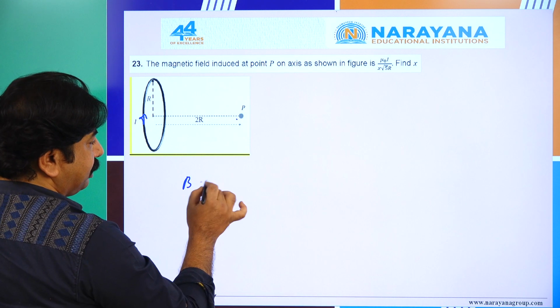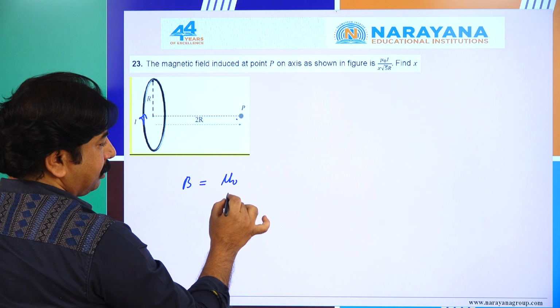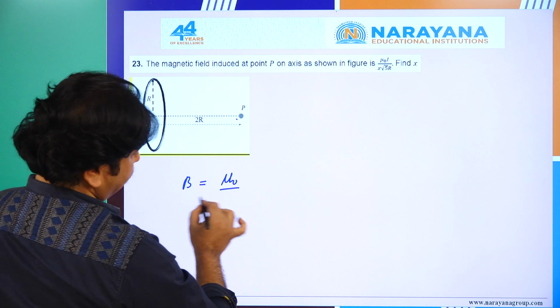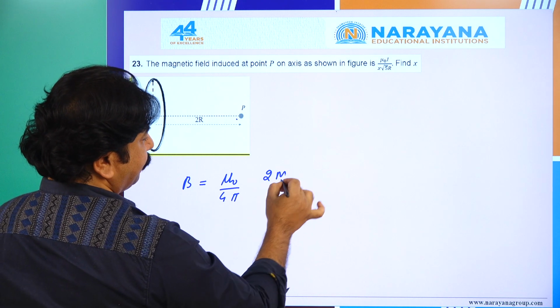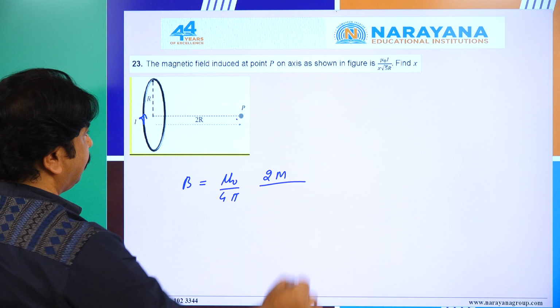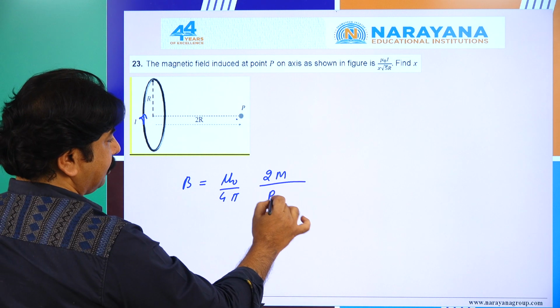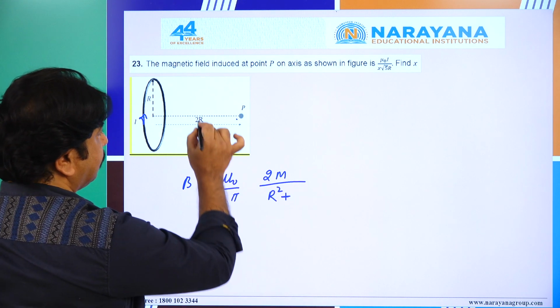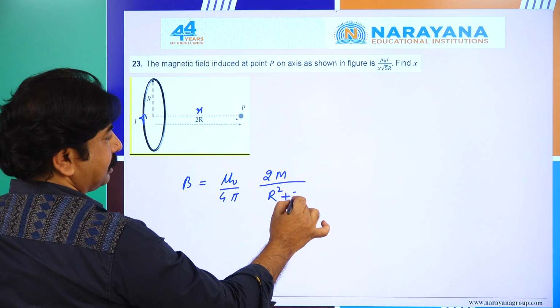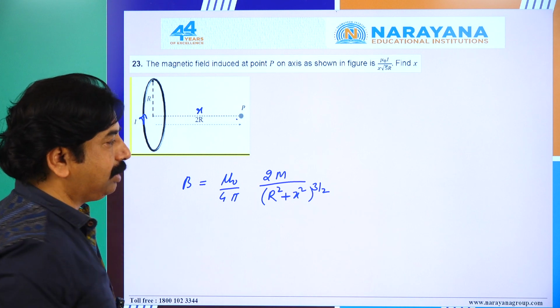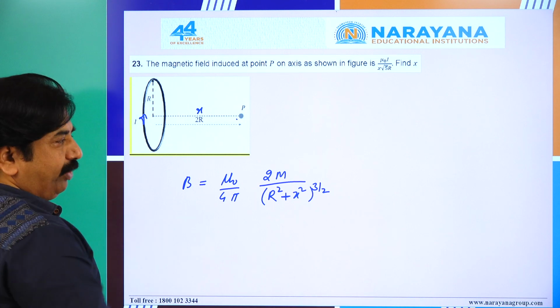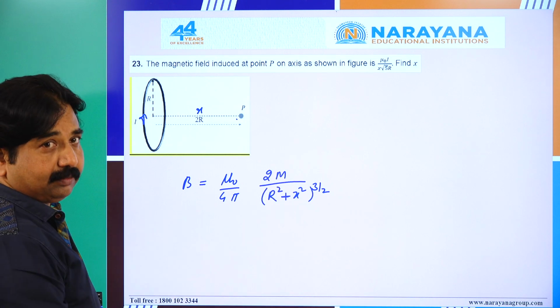B is equal to mu naught by 4 pi into 2m by r cube. Here we can write the formula as r square plus x square whole to the power of 3 by 2, where m is the magnetic moment.